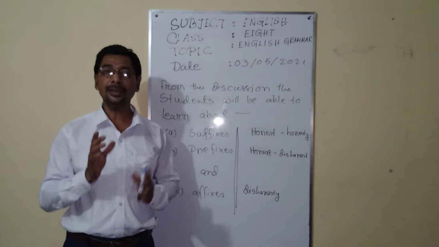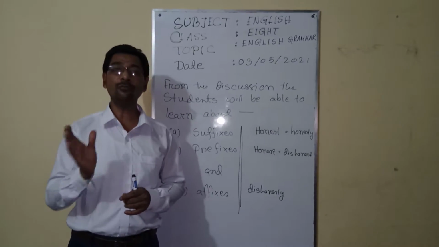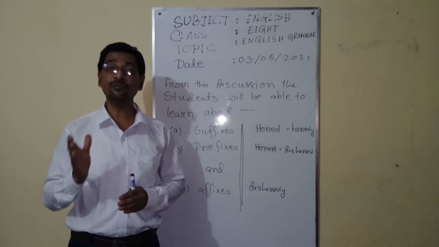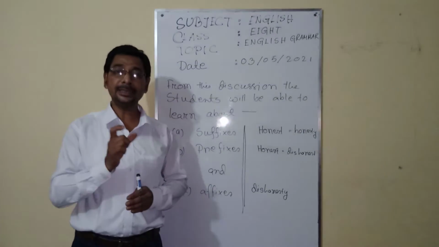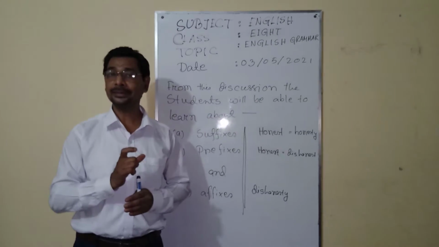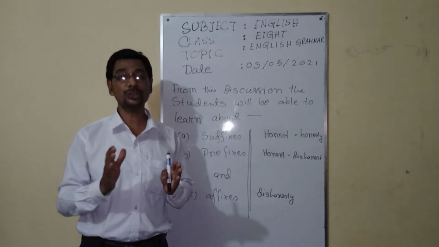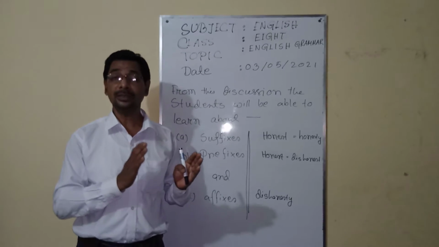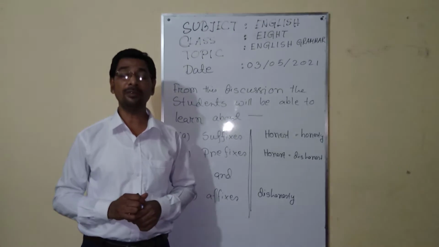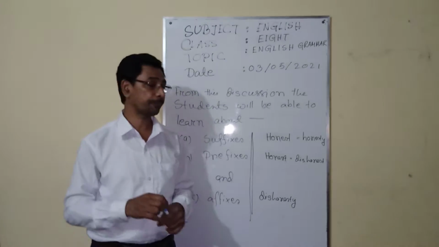Y is a syllable. Beautiful: beauty plus full. Beauty is one syllable, full is one syllable.